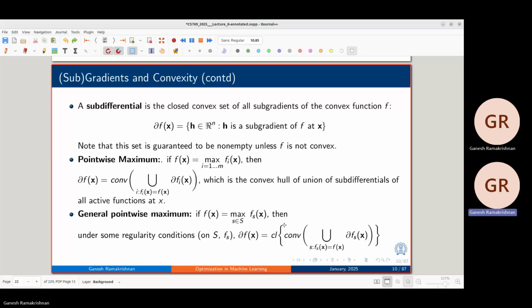Actually, you can do this for supremum, so I'll just put it as supremum. And this is addressing the point I have written below. Is this okay?